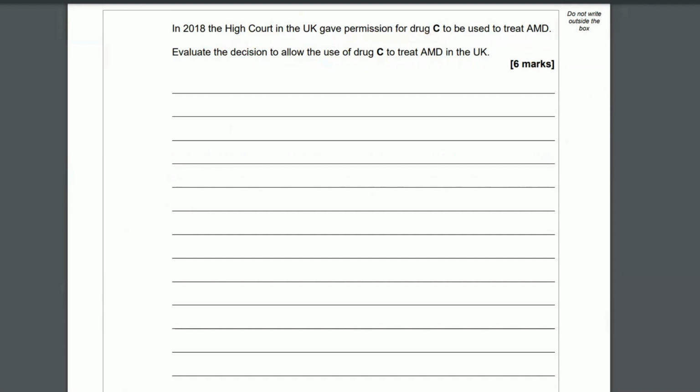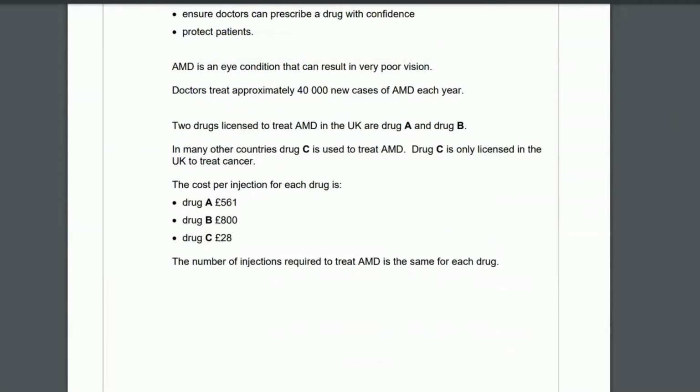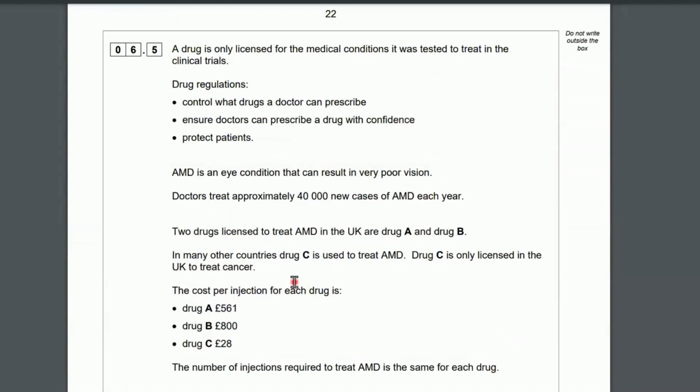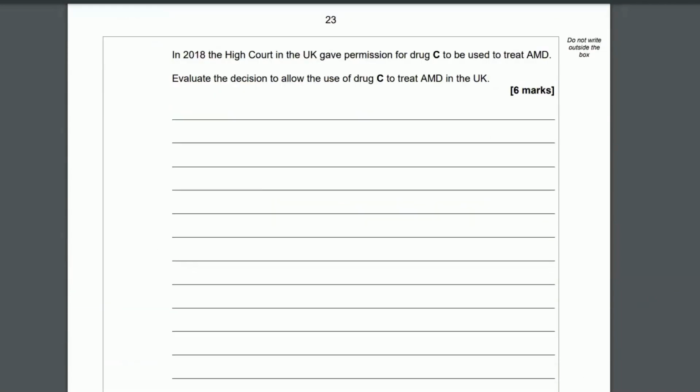So at first, it looks like it was very sensible to allow drug C to be used to treat AMD. But some people say it was never tested for anything other than cancer. So it hasn't been tested for AMD. So this would be against it.